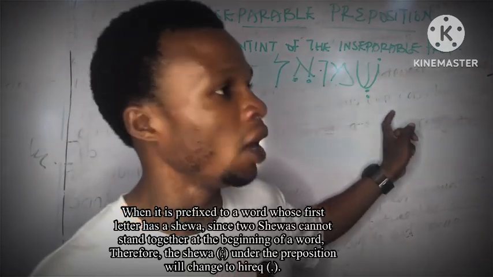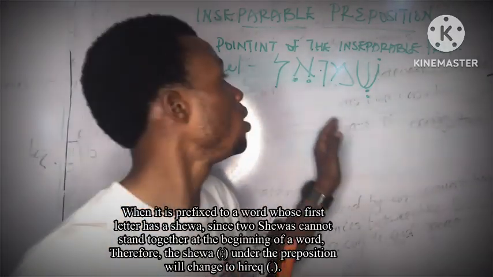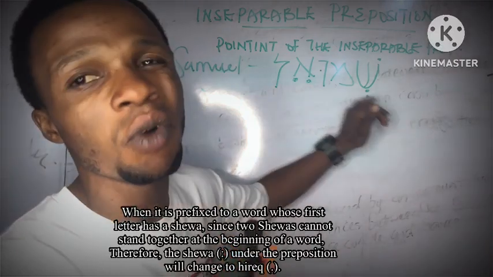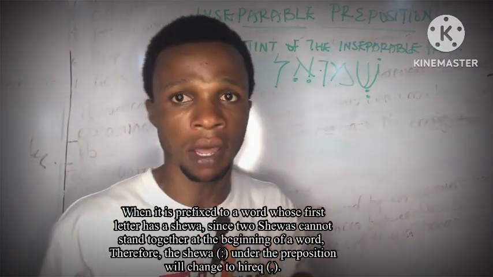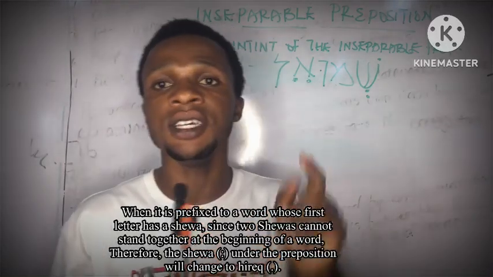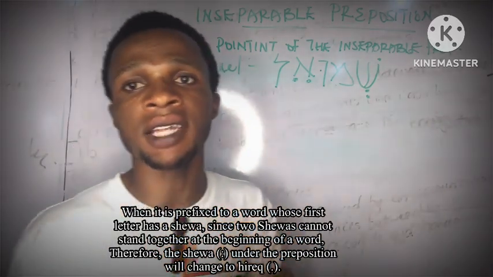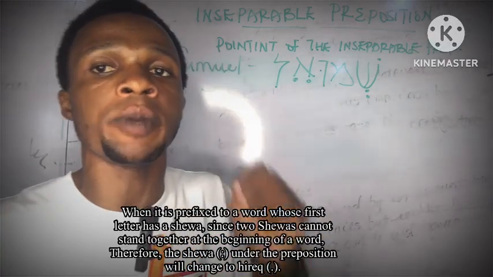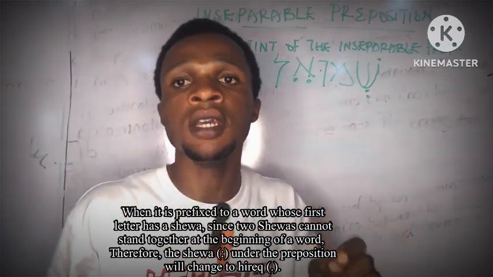But in this case, another rule is coming in. The first letter of this word is carrying a shewa. Therefore, the inseparable preposition can no longer carry a shewa. Instead, the vowel under the inseparable preposition will now be short e.